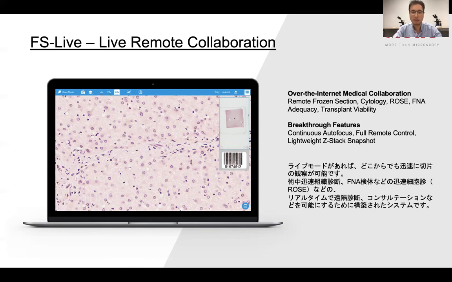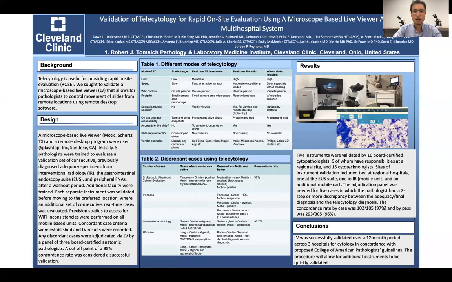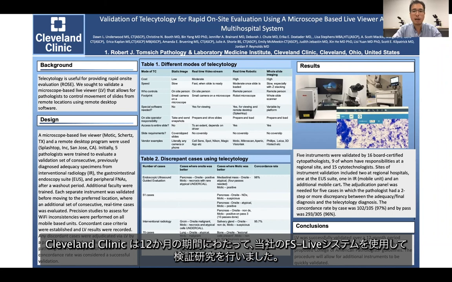The scanner just takes care of this completely for you. And this is totally independent, and in the public domain, so I can mention it: Cleveland Clinic did a validation study after using our system in their setting for over a 12-month period. And this is something that we're quite proud of.